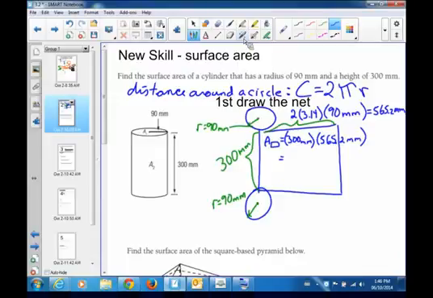I'm just putting that as a rectangle there, so I know I'm doing that for the rectangle portion, not the circle portion.